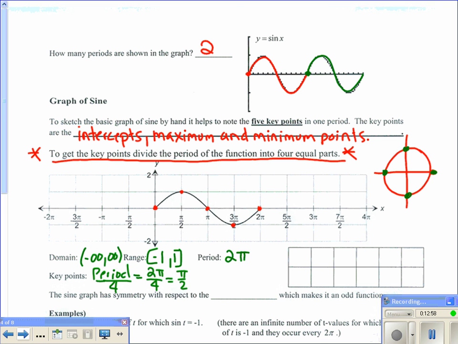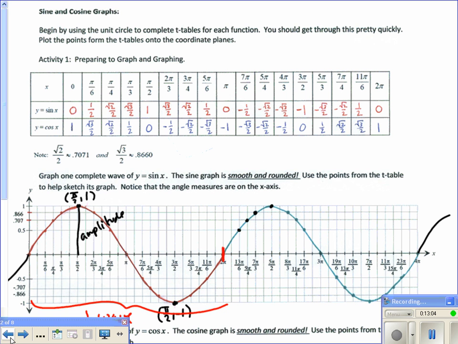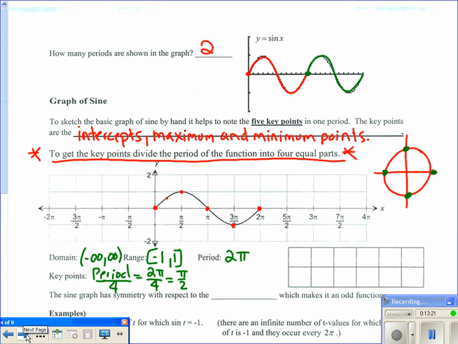When we're graphing these, we don't always want to graph each individual value like we did. Let's go back to the other graph. You don't always have to graph each of these individual points right here, here, and here. Those values are still important, but we don't really need them when we're graphing. We just need our intercepts and our max and min to get the idea or shape of our graph. So that's what we're going to be using when we are graphing these.